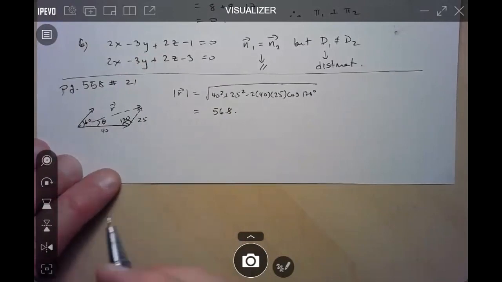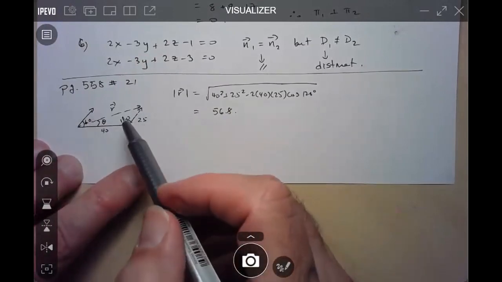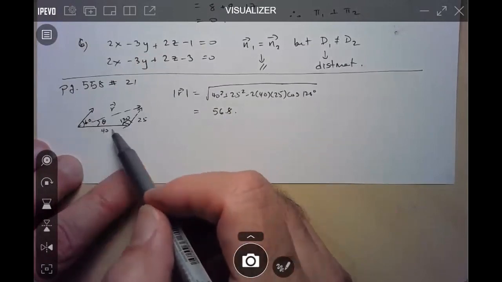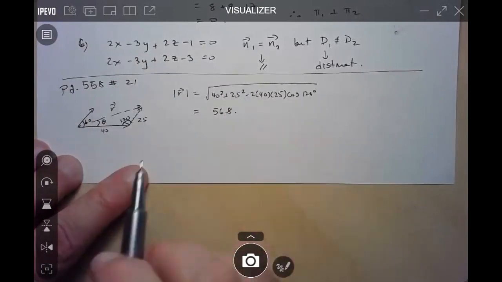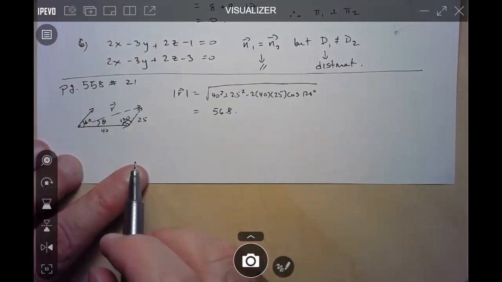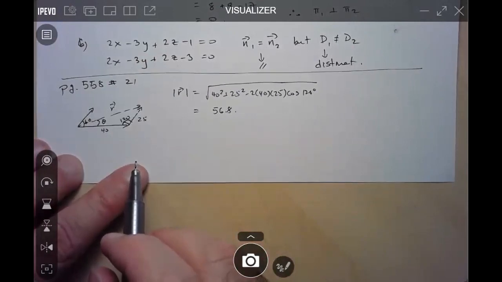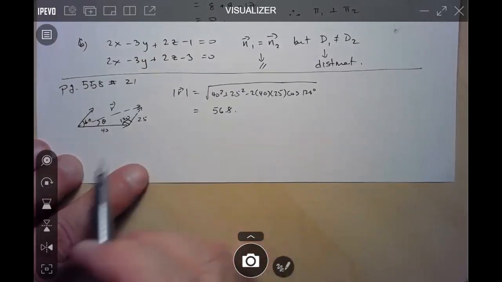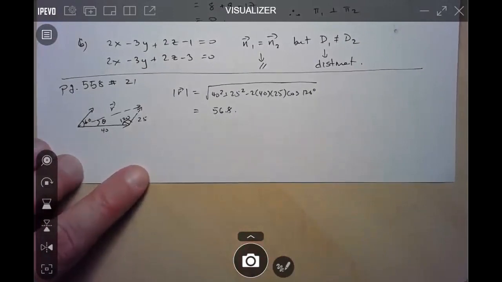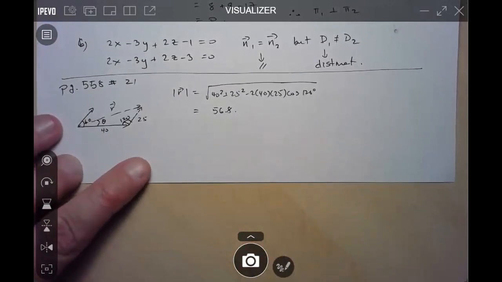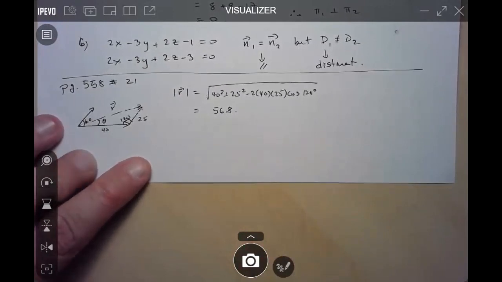As I've said many times, when I've only got one angle, technically it is an obtuse angle, so I don't have to worry about the ambiguous case, but it's just to get myself used to using cosine law, so as not to have to worry about that case at all.